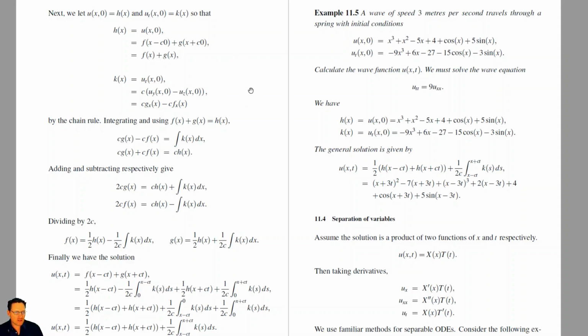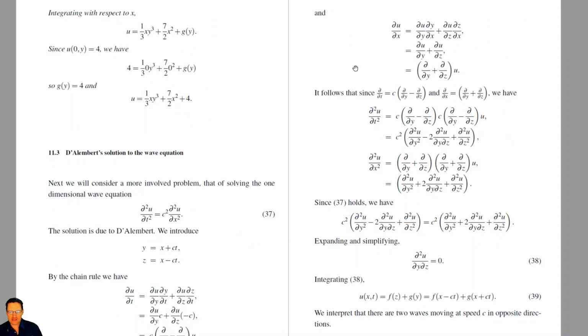All right, similarly, k of x, we define this as u subscript t of x when t is 0. Okay, so again, we want to sub in. Now, this comes from this last line on this page 104.